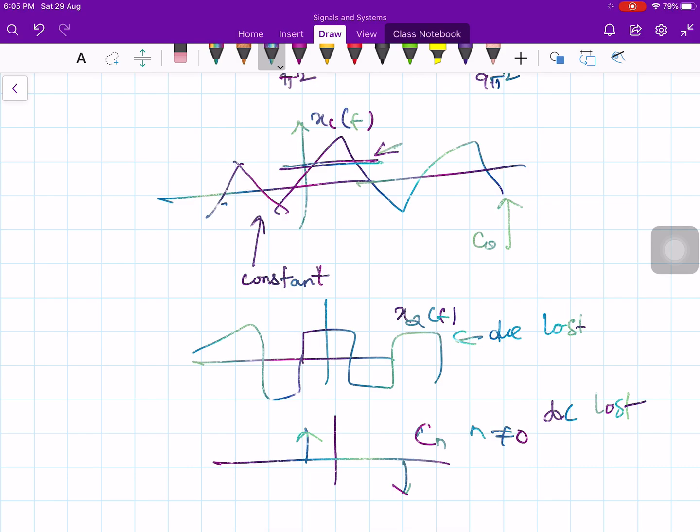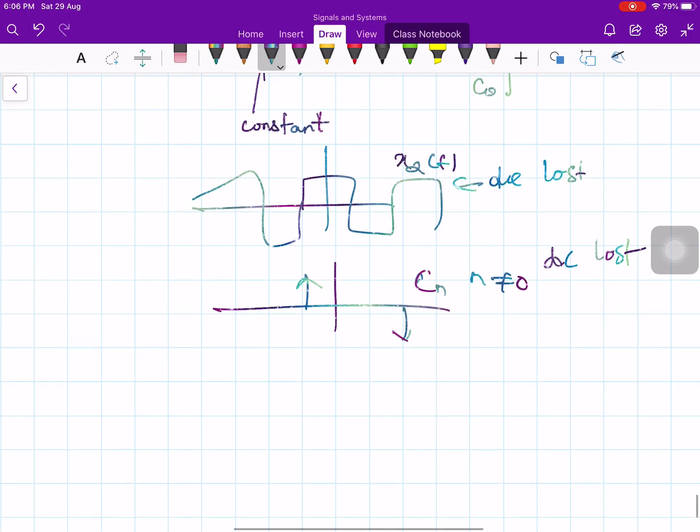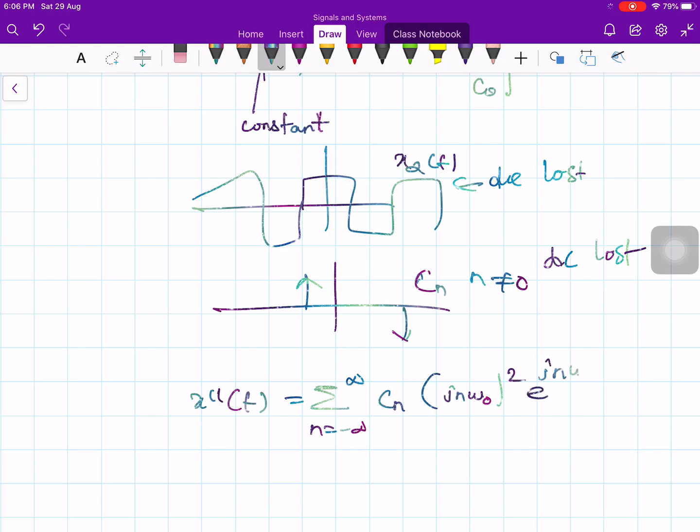You cannot obtain this information from the Fourier series, like x double dash of t is equal to sigma n is equal to minus infinity to plus infinity Cn times jn omega naught the whole square times e to the jn omega naught t. From this you cannot get C naught. Why? Because you have taken 2 times the derivative.